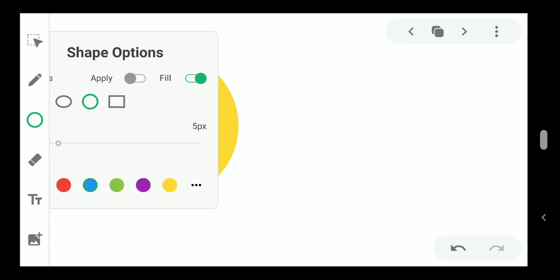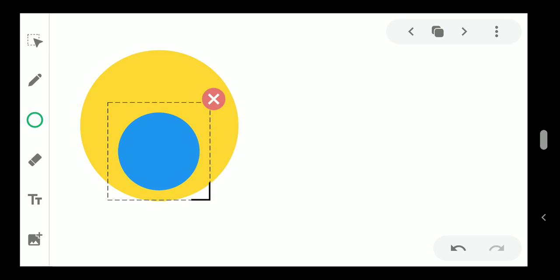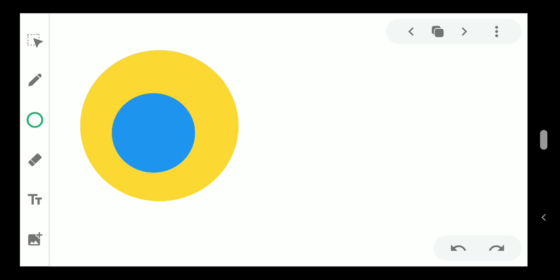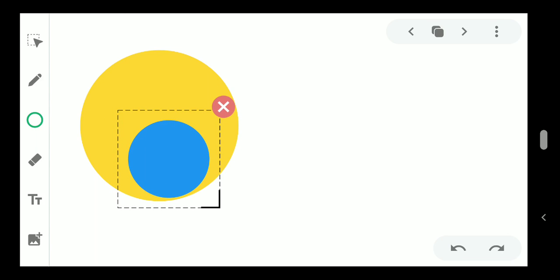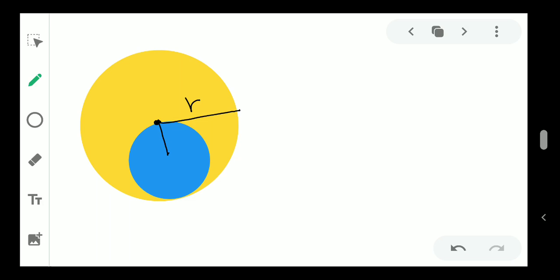So this is the disc and this is my cutout piece. This was the initial position, and the total radius is r. This much is my r by 2.